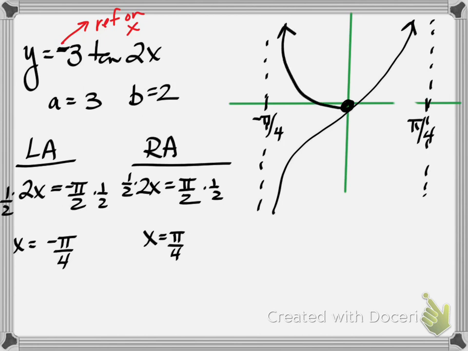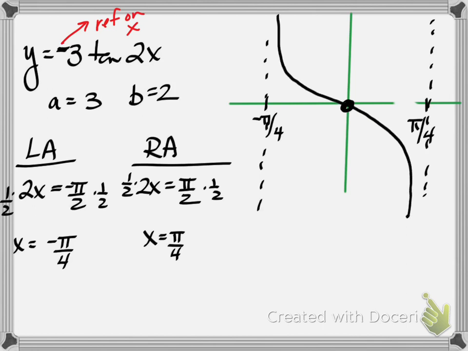That part's reflected and this part's reflected. So what it looks like is it starts here and it decreases the whole way. That's what the negative tangent looks like.